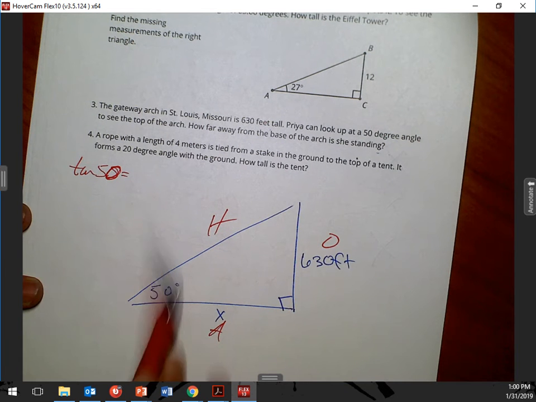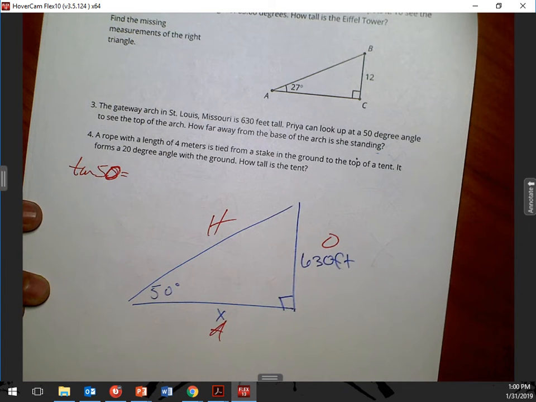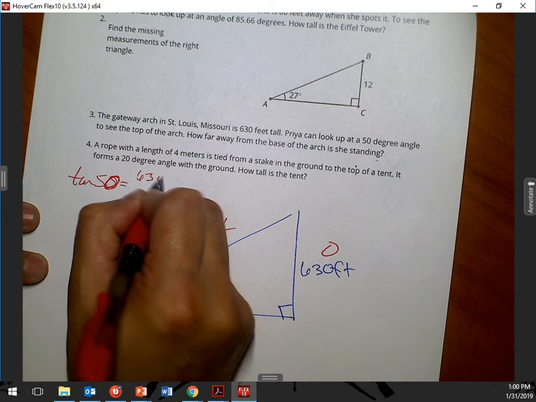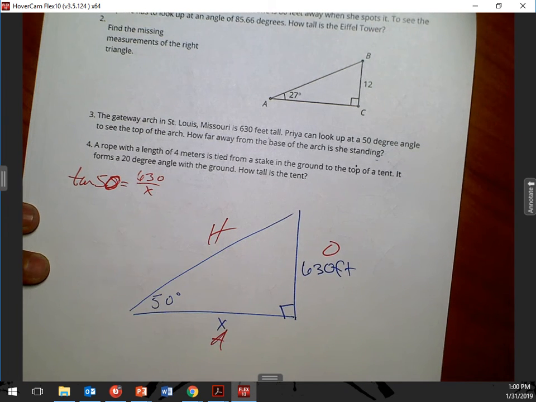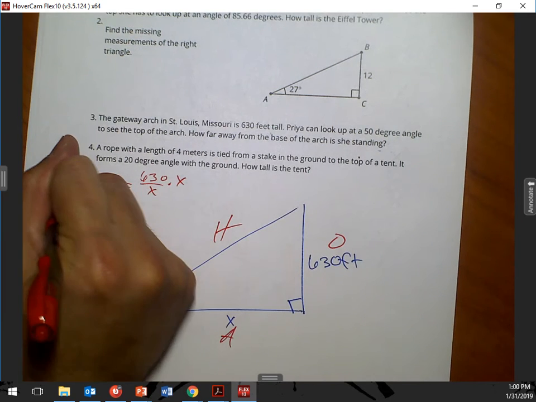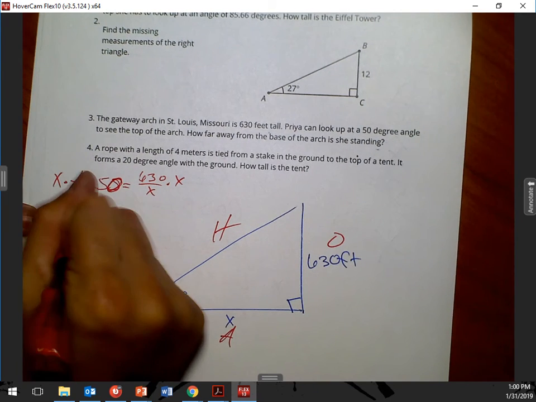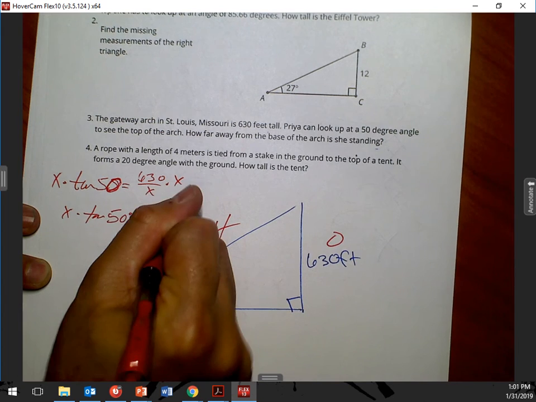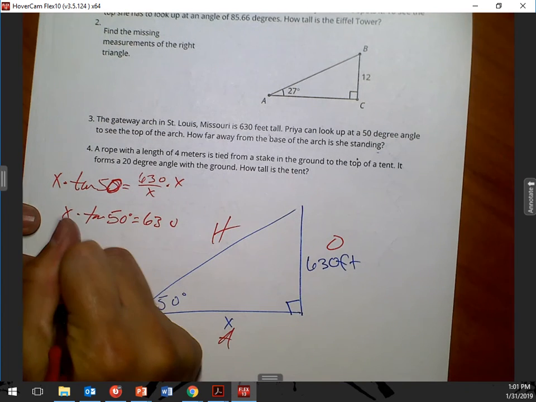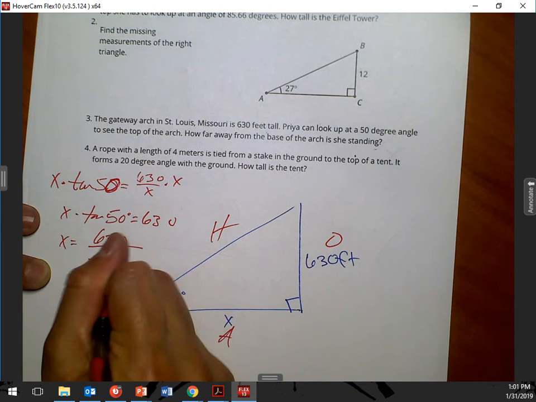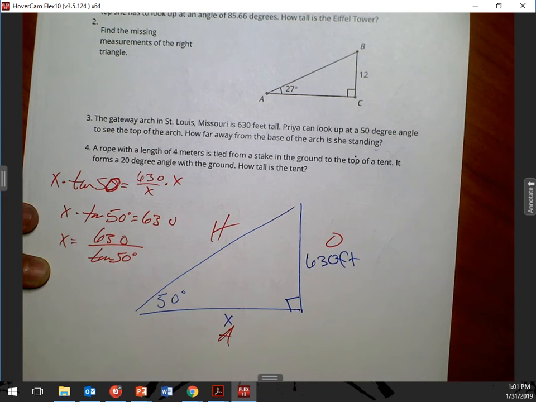So tangent of 50 is equal to what over what? 630 over x, right? Multiply by x on both sides. And x times tangent of 50 degrees equals 630. You divide by tangent of 50. X is equal to 630 over tangent of 50 degrees.